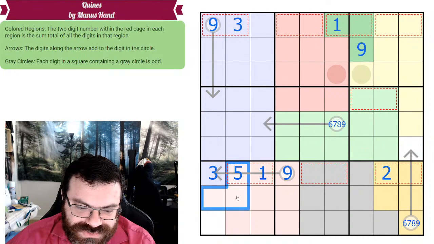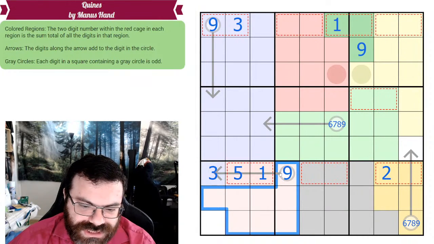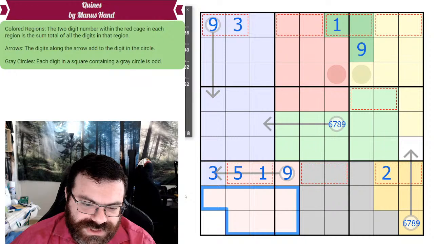So if this adds to 50, minus 5 minus 9 is 36. So these add to 36. 45 minus 9.